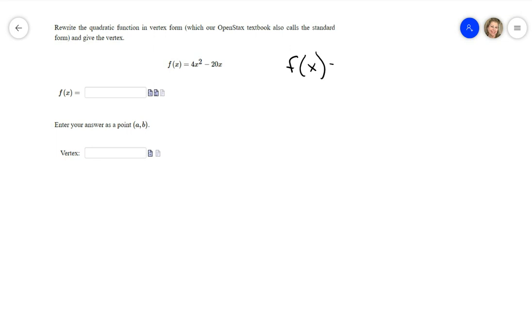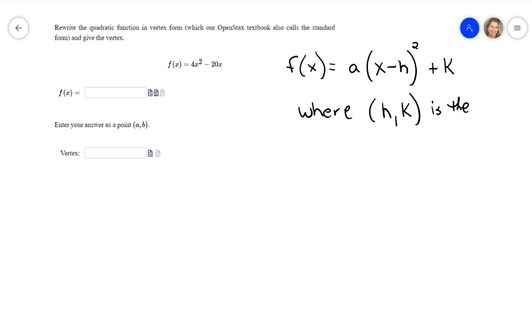It's f of x is equal to a times x minus h squared plus k, where the point h, k is the vertex. This is a comma. Looks a little bit too much like a 1. There you go. Okay, now there's more than one way to do this.